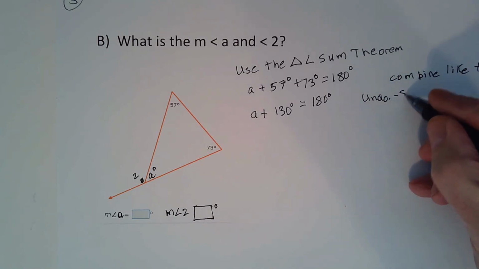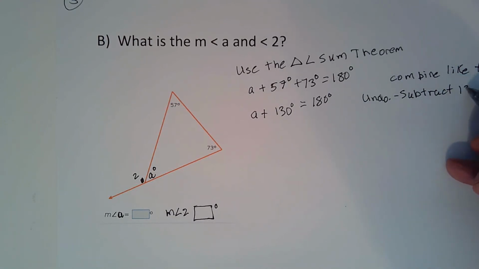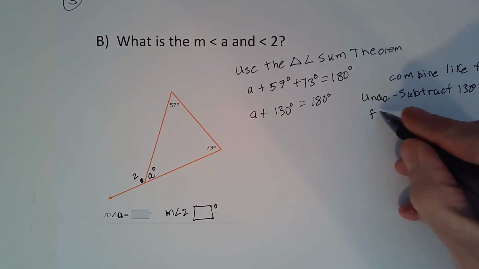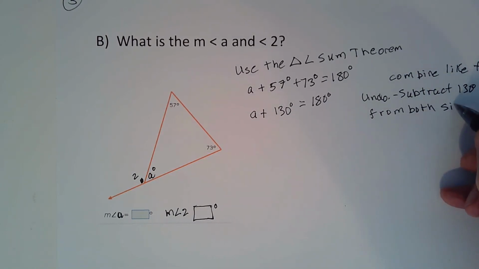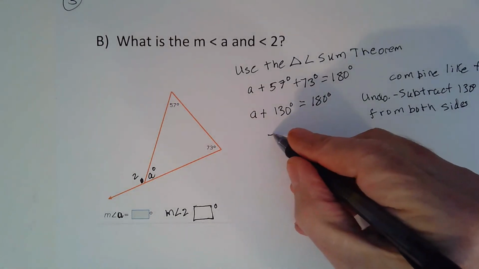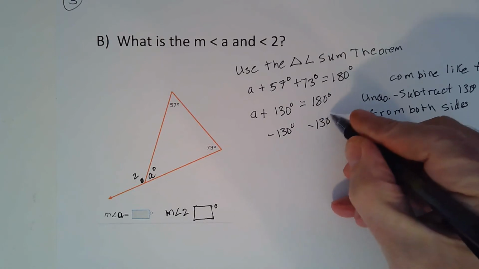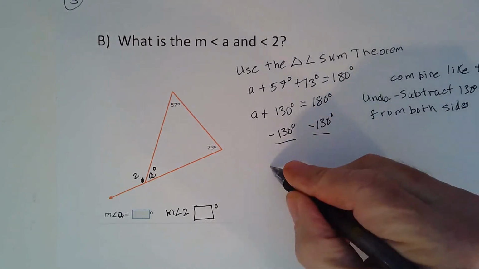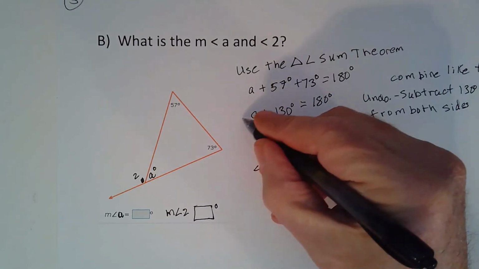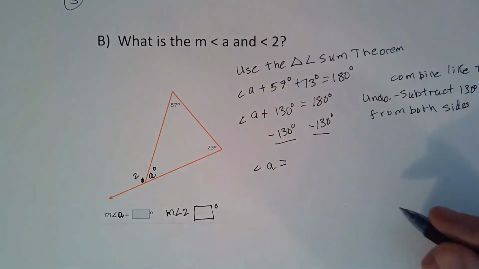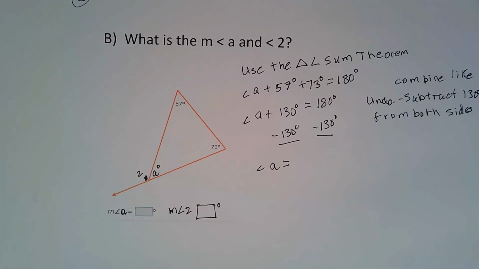And that means we need to subtract 130 degrees from both sides. And so subtract 130 degrees here, and we're going to subtract it over here. And so then we're going to get angle A's measure equals, let's see, 180 minus 130.